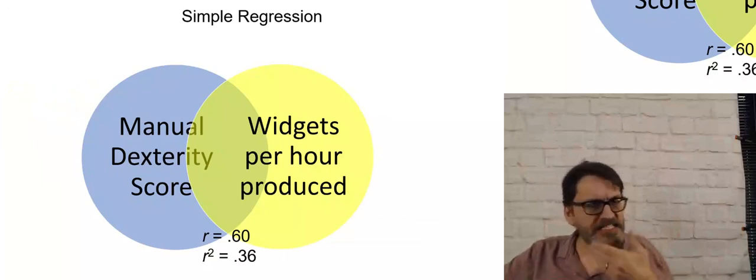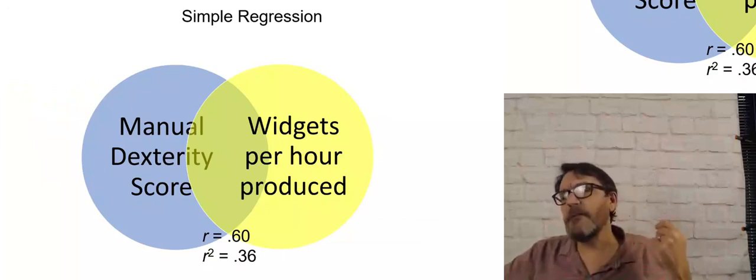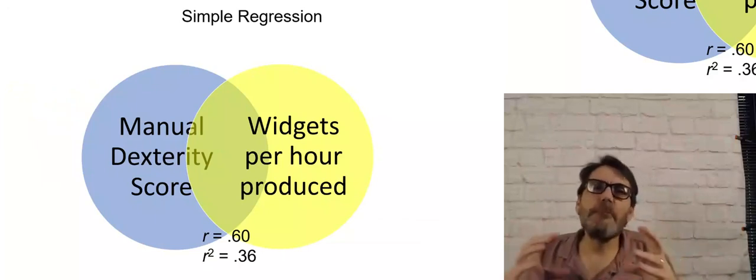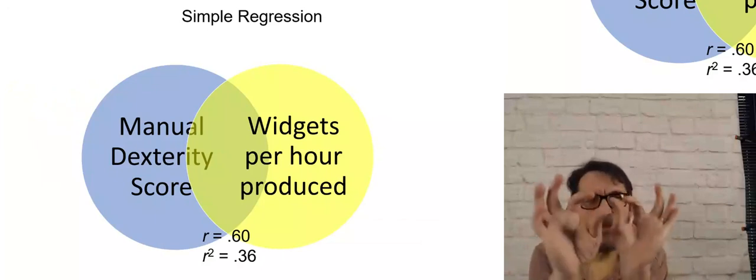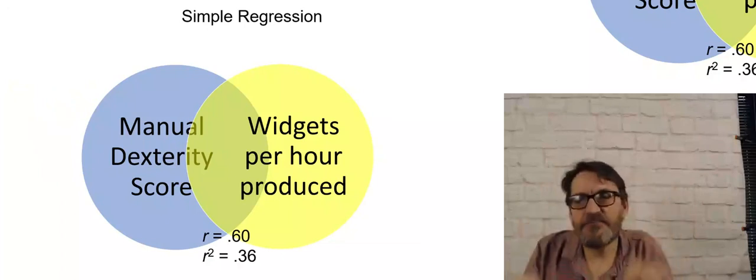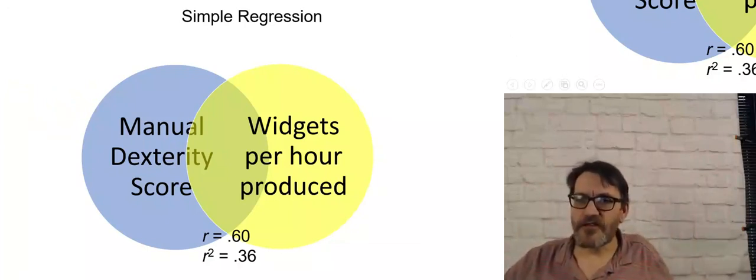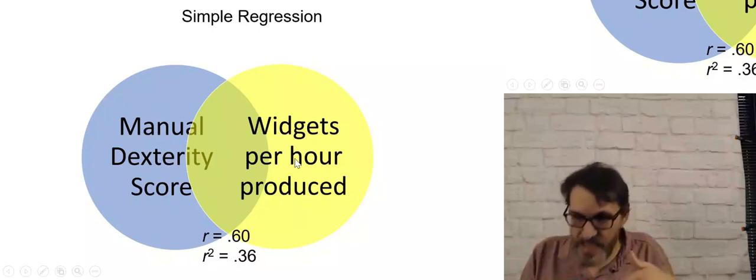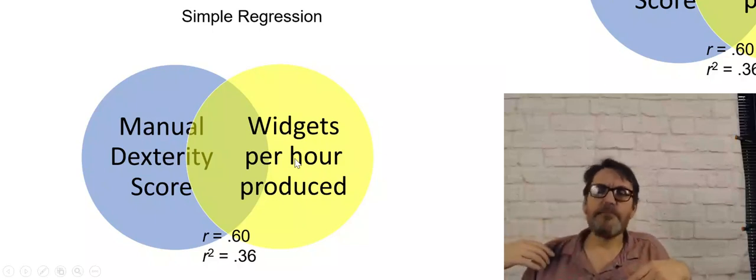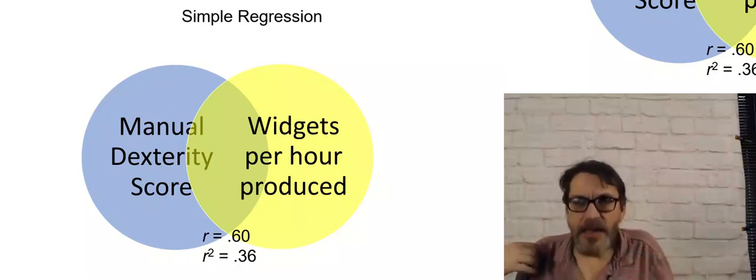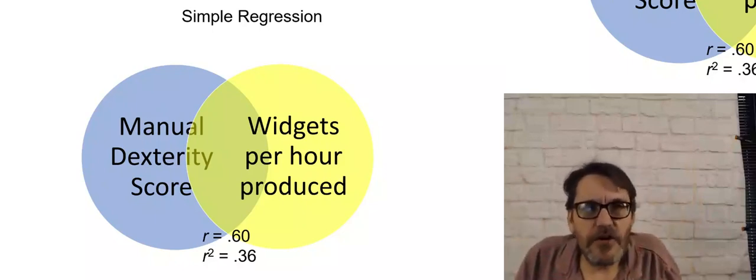Here's a nice simple example. You might somehow measure a manual dexterity score. How nimble are the fingers? Predictor on the left, criterion on the right. So you might measure manual dexterity scores and predict how many products you're going to produce in an hour.